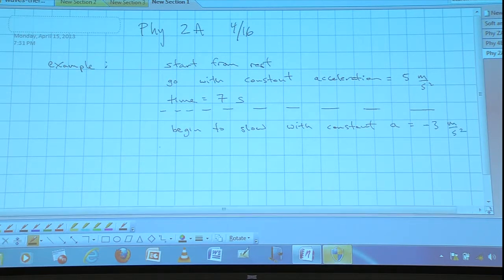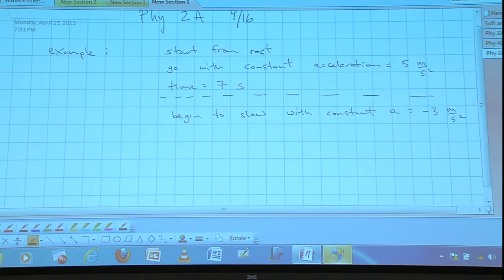And then what are we looking for? How long it takes to get to the speed limit, something like that.